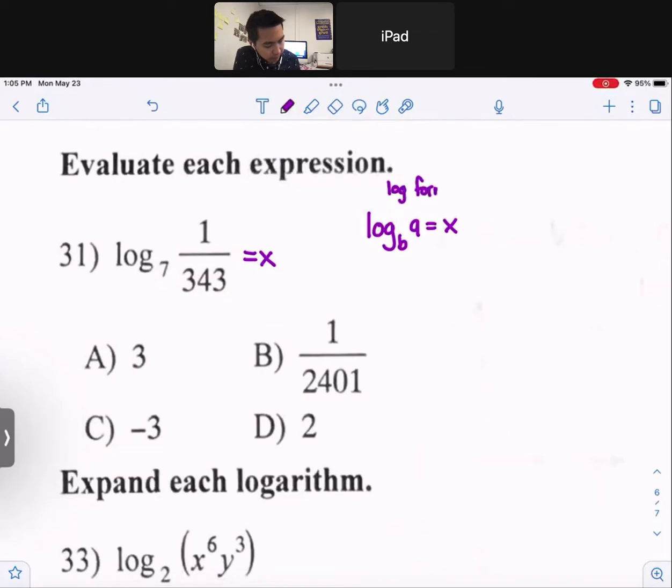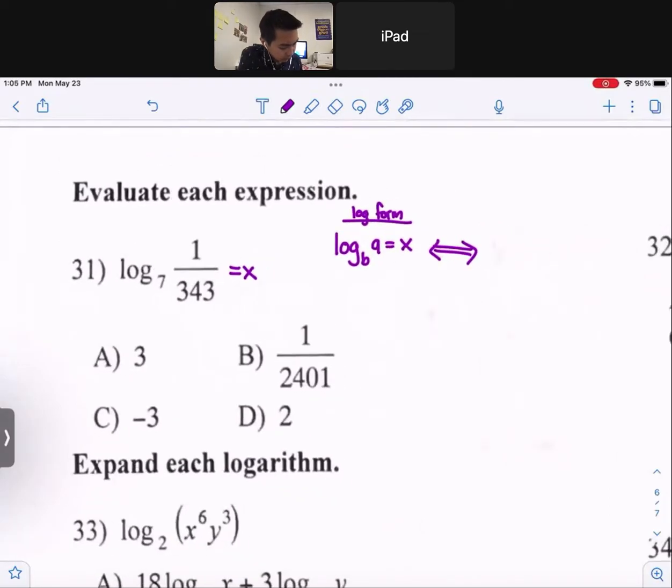We have this log form, and we're going to convert it to exponential form, which is b to the x power equals a. So we have this form, and now we're going to convert it to exponential form. So what we have is, this is the base.